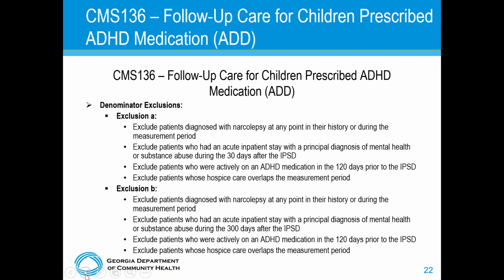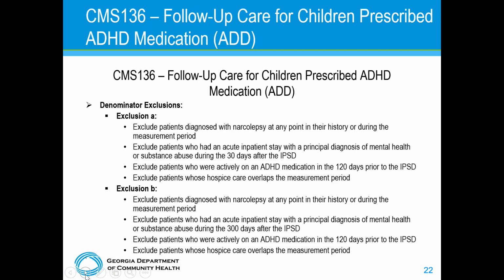So the denominator exclusions are again separated out by the two rates reported. There are three that are common to both rates, and then one that will be different. The three that are common are they're going to exclude the patients that had a diagnosis of narcolepsy at any point in their history or during the measurement period, those who were actively on ADHD medication in the 120 days prior to that prescription start date, and those patients whose hospice care overlapped the measurement period.